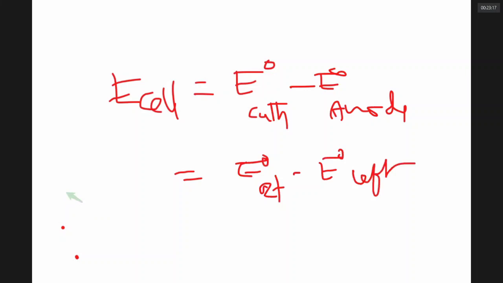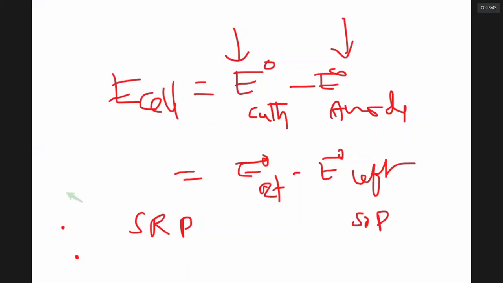If instead of taking SRP you want to take standard oxidation potential, then E0 of anode minus E0 of cathode is equal to cell potential. And if you want to take oxidation potential of anode and reduction potential of cathode, then simply add both of them.